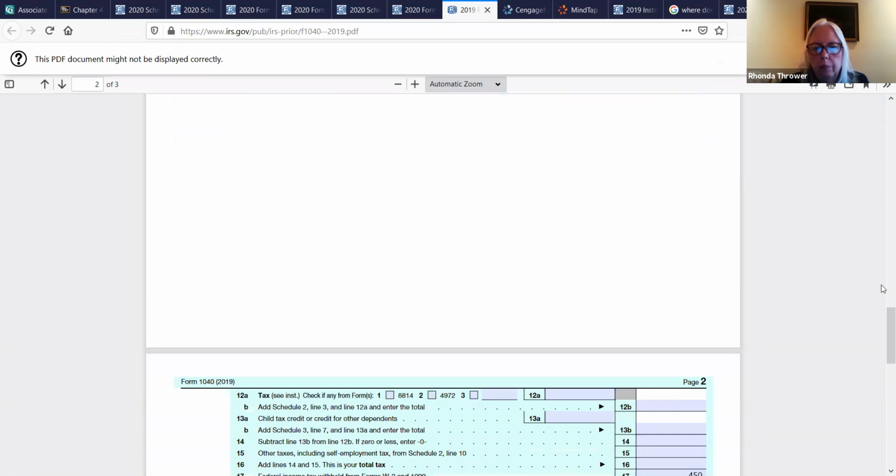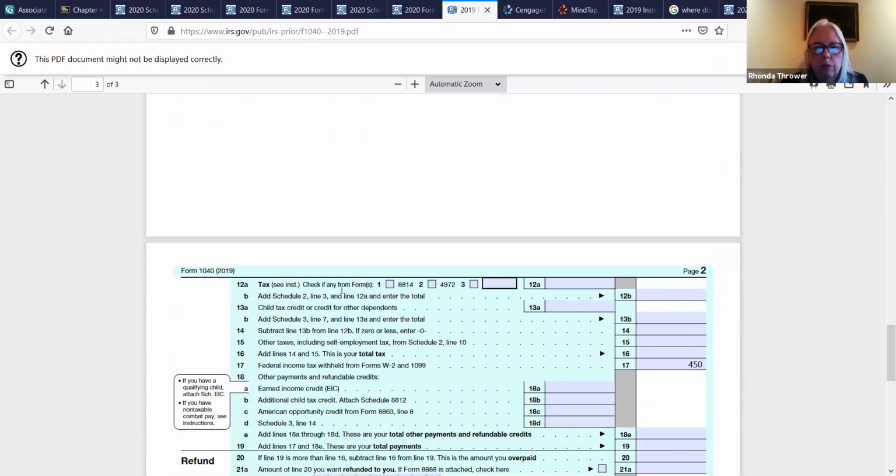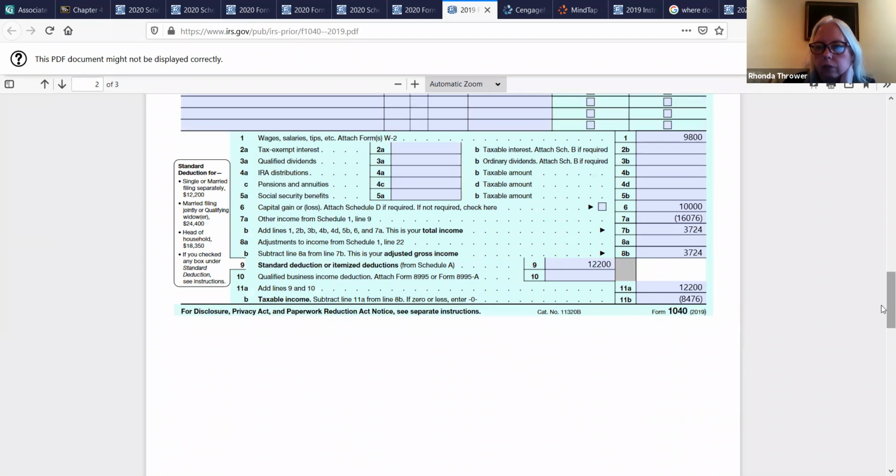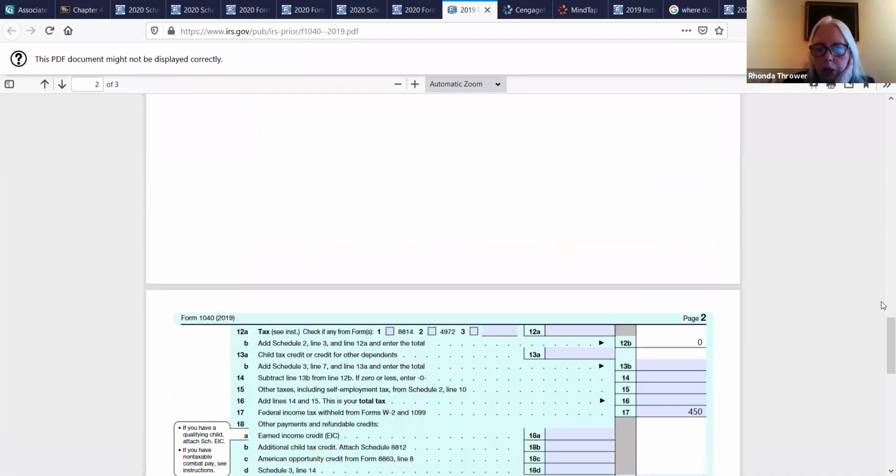And then you're going to look up the tax from your instructions, and the amount of the tax comes back to 0. So on 12B, we're going to put a 0 down here because this is a negative amount, which means we don't owe any tax.